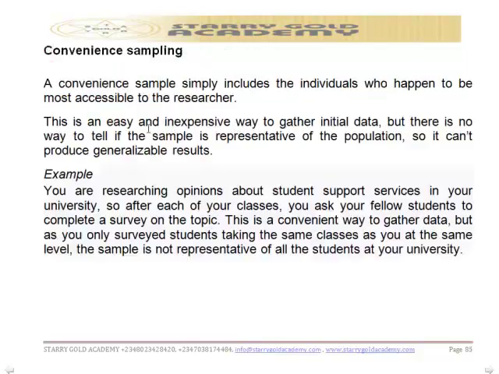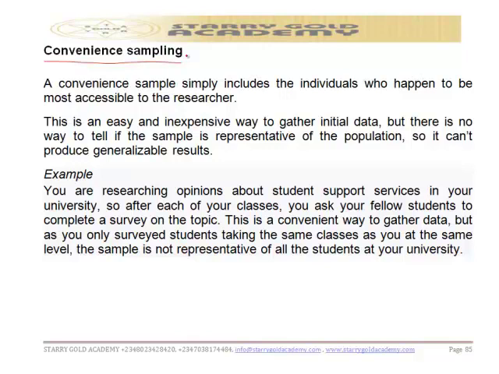The types are as follows. We have convenience sampling. A convenience sample includes the individuals who happen to be most accessible to the researcher. That is convenient. For example, you want to ask students some questions. Instead of visiting all the students, you just go to the ones that are closer to your house.